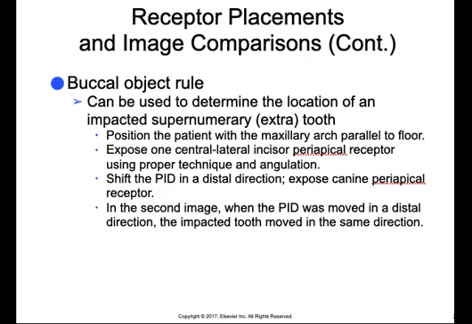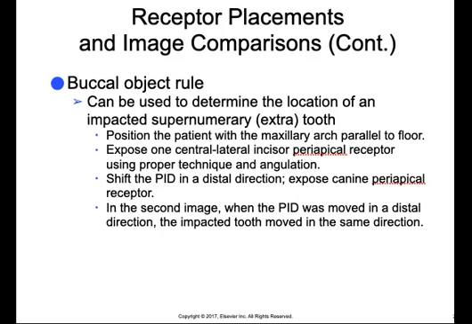Looking at figure 21-11, the buccal object rule can be used to determine the location of an impacted supernumerary or extra tooth. So first we'll position the patient with the maxillary arch parallel to the floor, and then expose one central lateral incisor periapical receptor using proper technique and angulation.